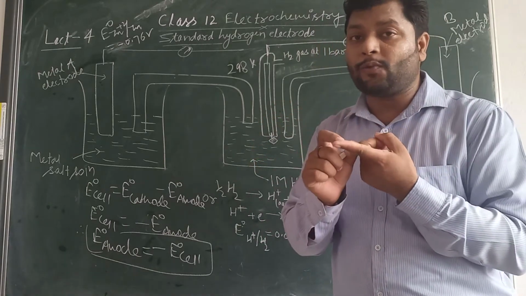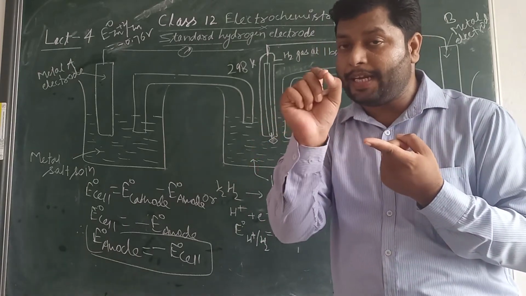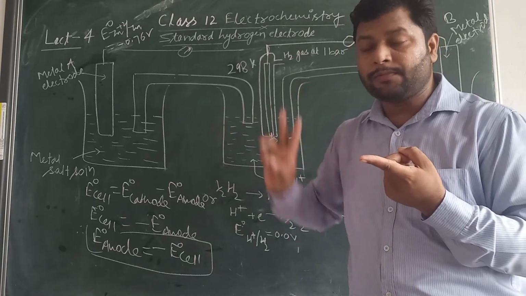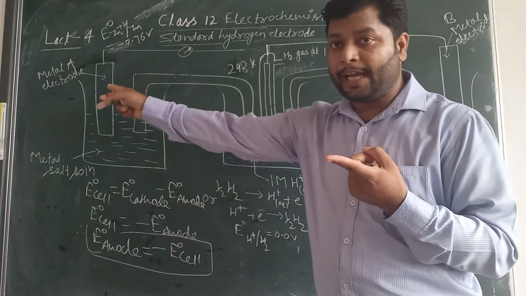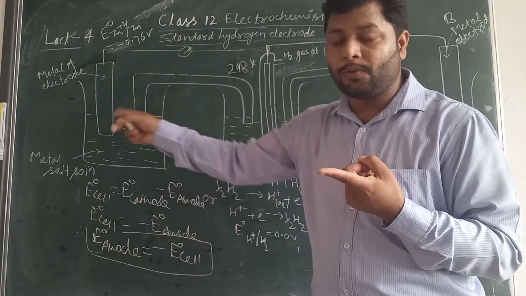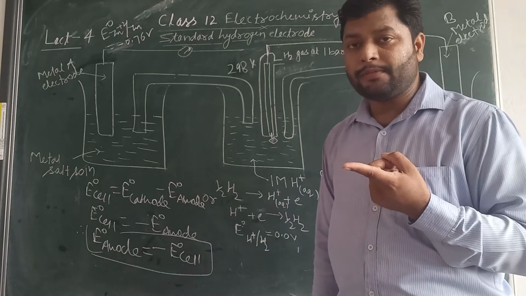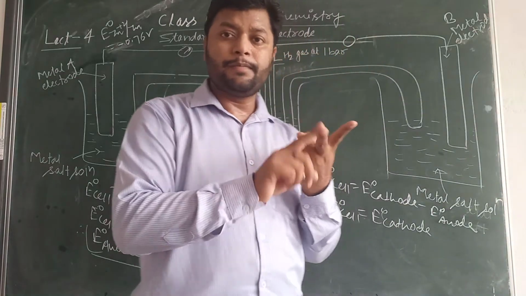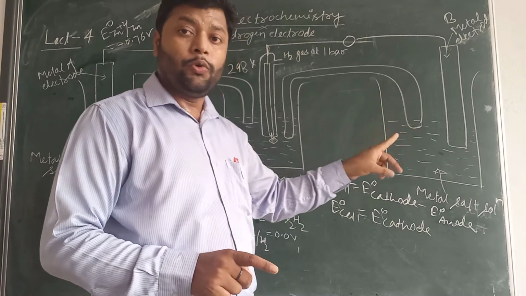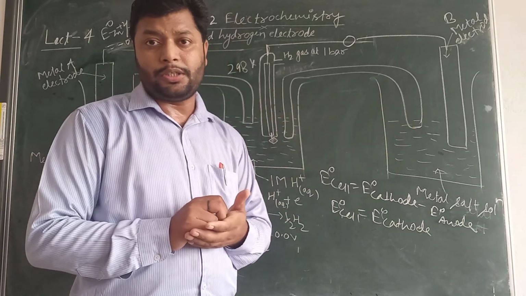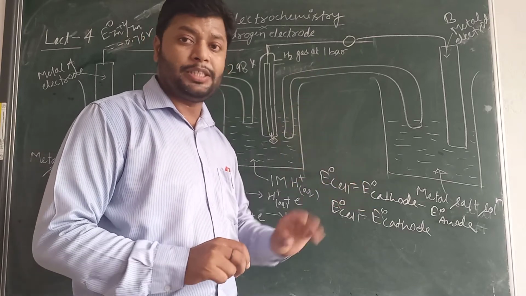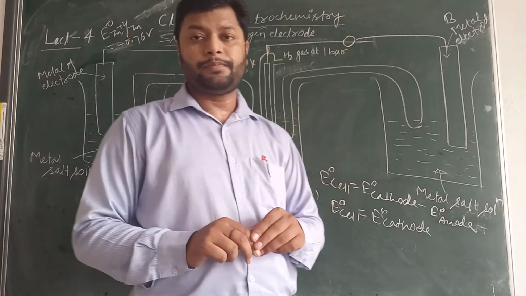If we want to calculate the electrode potential of any metal or non-metal connected with hydrogen and it behaves like anode, the cell potential will be equal to the anode value with a negative sign. Otherwise, if it has a tendency to become a cathode compared to hydrogen electrode, the cell potential value will be equal to the cathode potential with a positive sign.